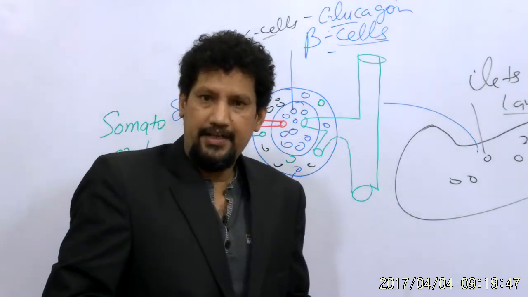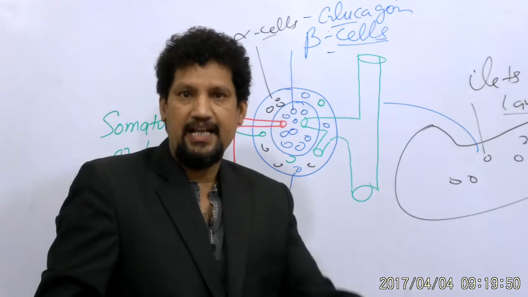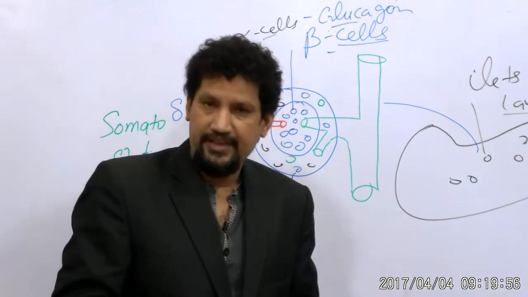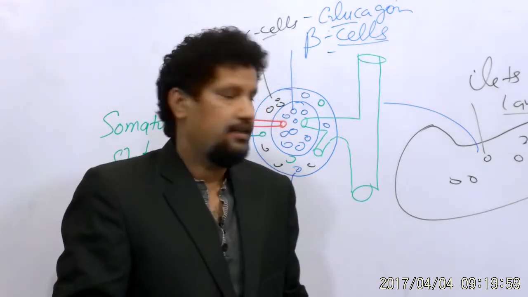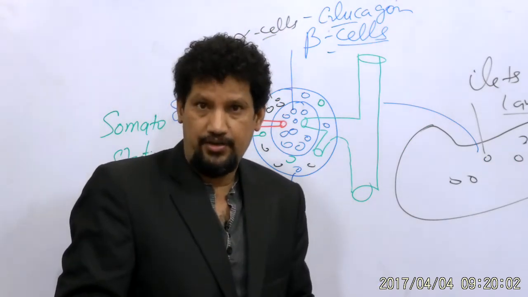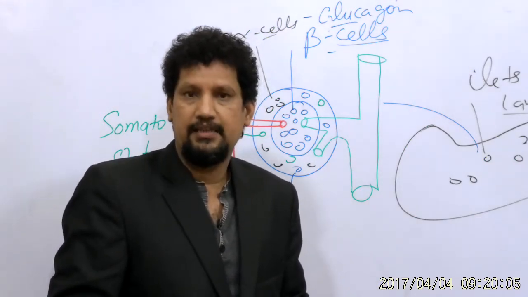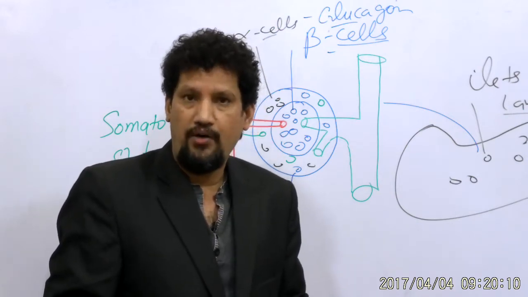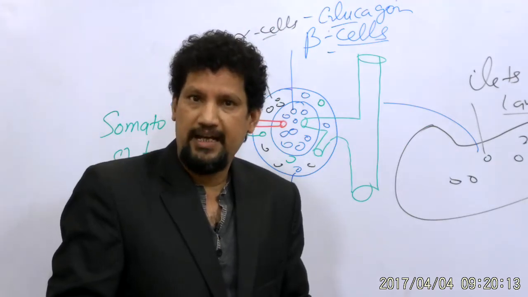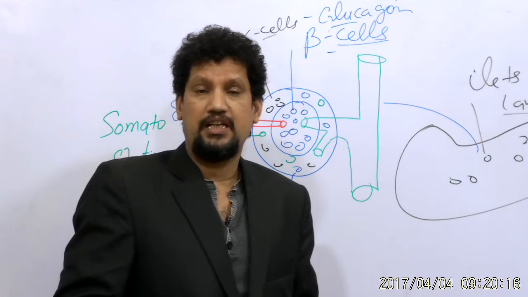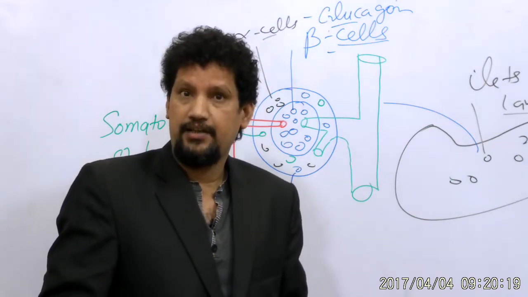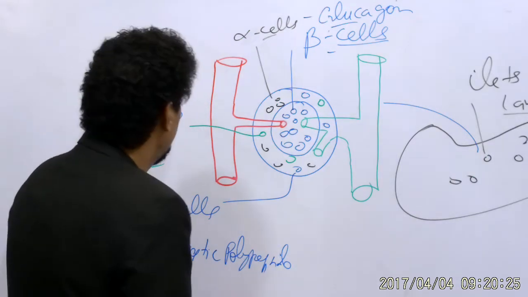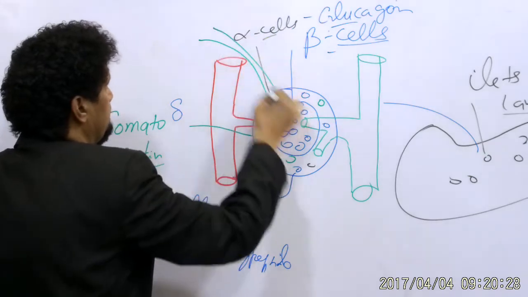It is richly innervated by the sympathetic as well as the parasympathetic nervous system. The sympathetic innervation of the pancreas is coming from the celiac ganglion. Celiac ganglion is having the preganglionic fiber in the intermediolateral column of the thoracic spinal segments, and postganglionic neurons are situated in the celiac ganglion.